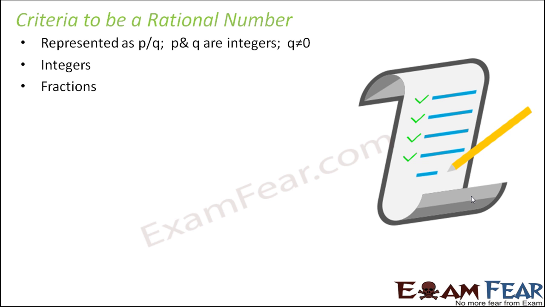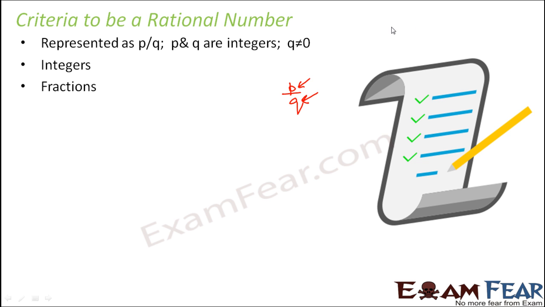All fractions are rational numbers because any fraction is also in the form of p by q, where p and q are natural numbers. Now when p and q are natural numbers, we know that all natural numbers are integers. So basically p and q are integers. And for fractions also it is a criterion that q should not be equal to 0.